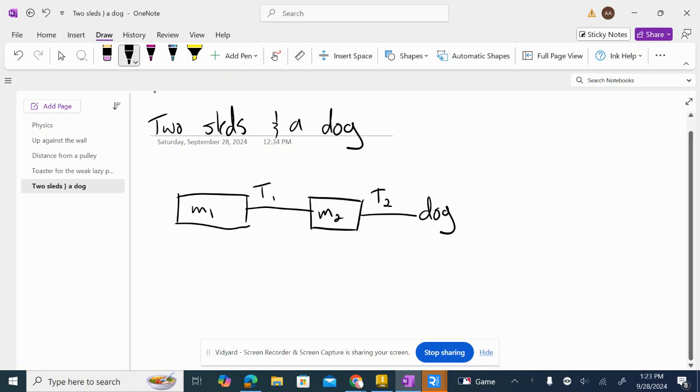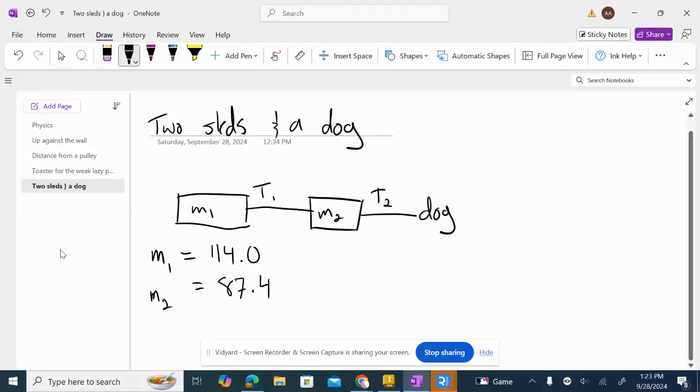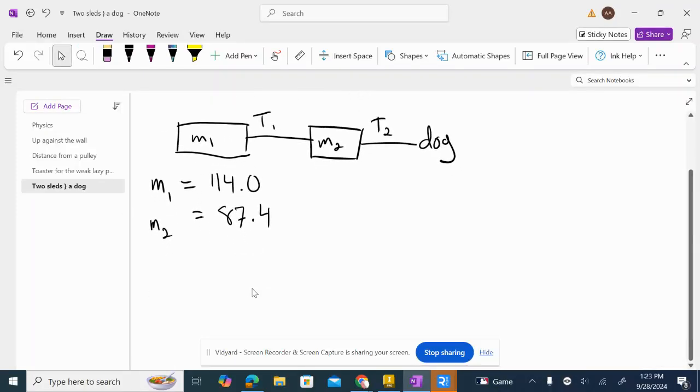Now, we know that M1 has a mass, so we can say M1 is equal to 104.0. M2 has a mass of 87.4. We also have mu k, which is the friction with the snow. Imagine that there's snow over here.